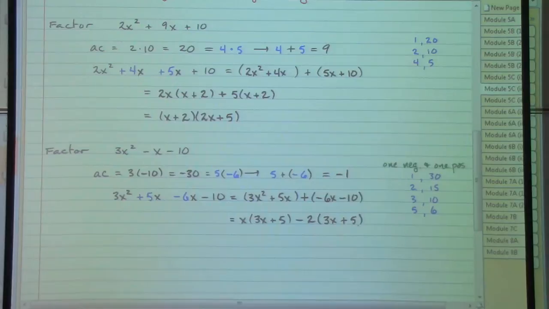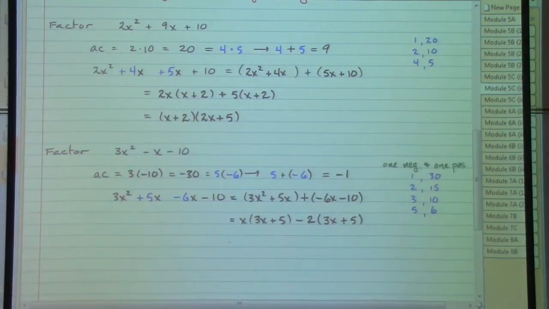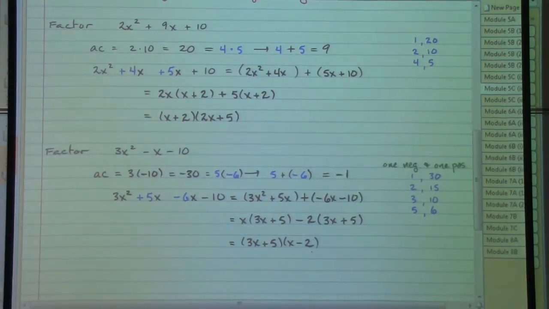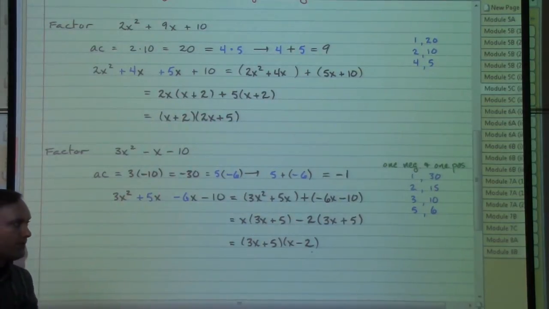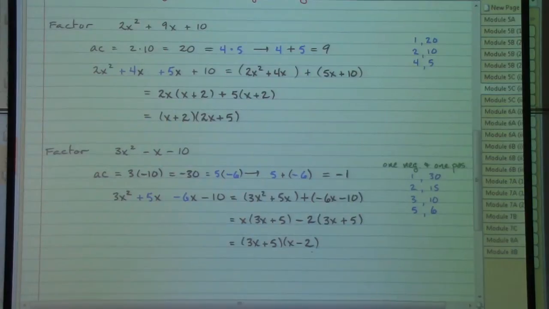And so we can come out with our final answer having the 3x plus 5, and the other factor, the other half of our answer, the x minus 2. If we FOIL this out, we can check to make sure everything is in fact good to go, and it is.